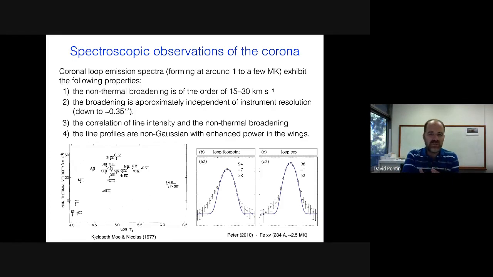It tends to be approximately independent of the instrument resolution. In certain cases, a correlation has been observed between the non-thermal broadening and the intensity of the line. And also, in general, the line profiles tend to be non-Gaussian. If we take the line profile and fit a Gaussian, there's enhanced power in the wings.